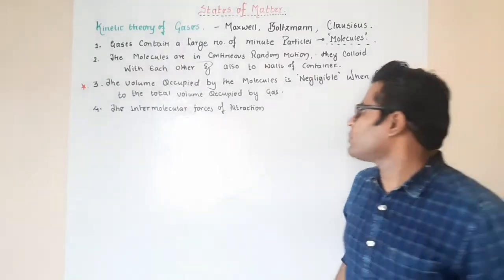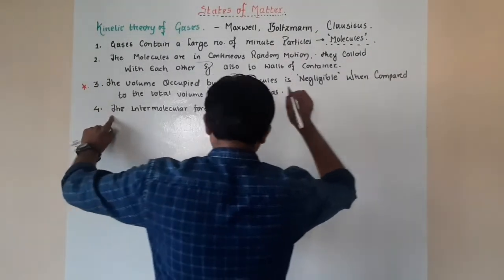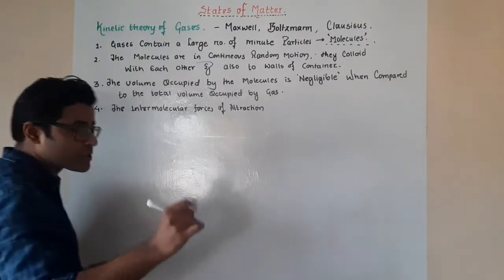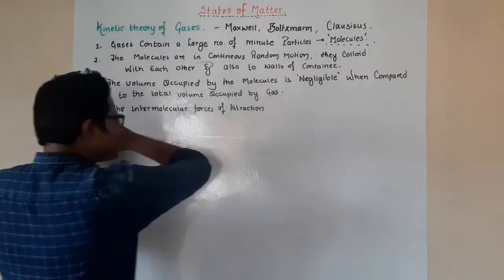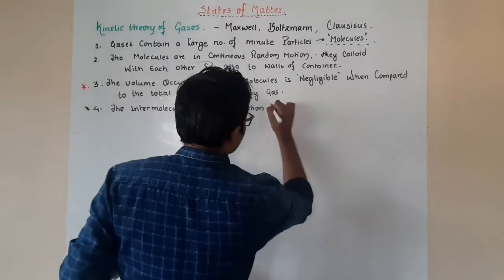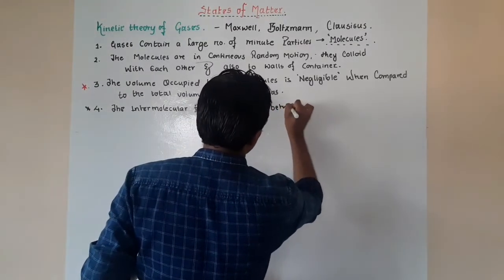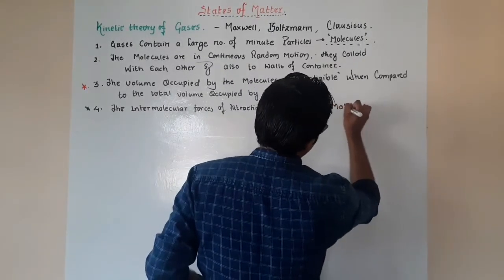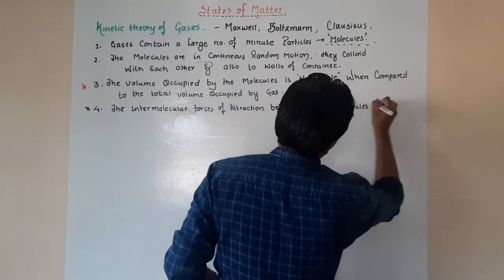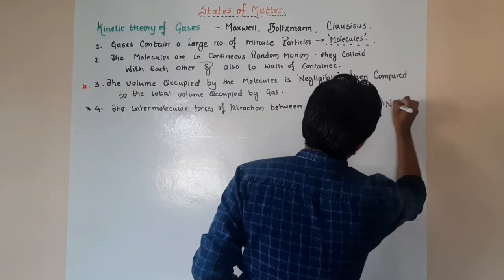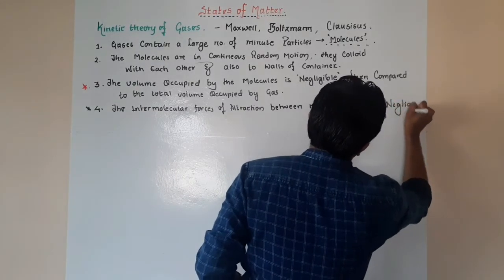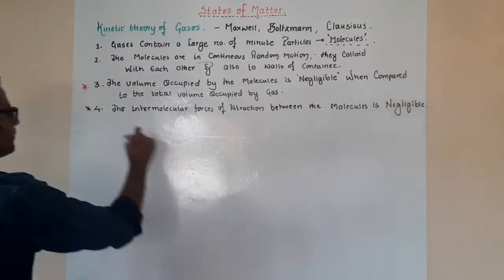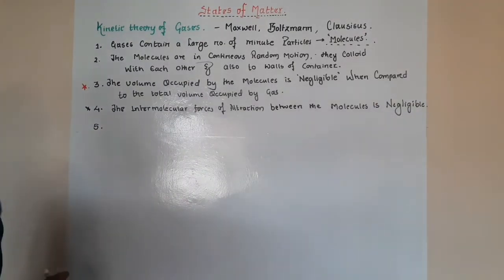Again, one of the most important points that has been put forward, and again, this particular point is going to be wrong. In our future studies, we'll understand about this. So, the intermolecular forces of attraction between the molecules is, again, they call it negligible.